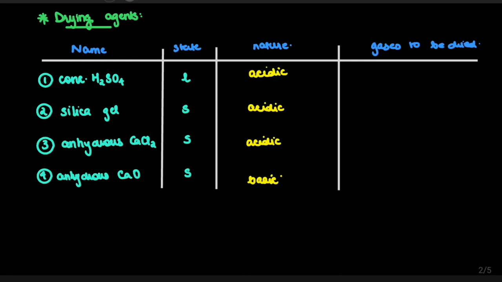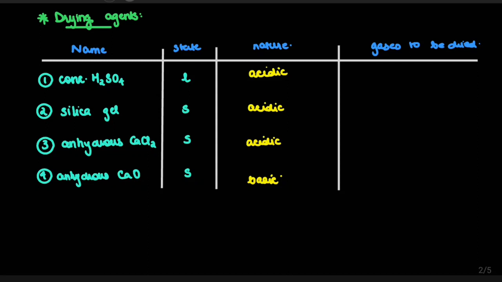Sometimes we ask you to have a pure dry sample, and it cannot be damp, so we need some drying agents for that. We pass the gases through one of these four things, and the resultant gas would be a dried sample. So the first drying agent is concentrated sulfuric acid.